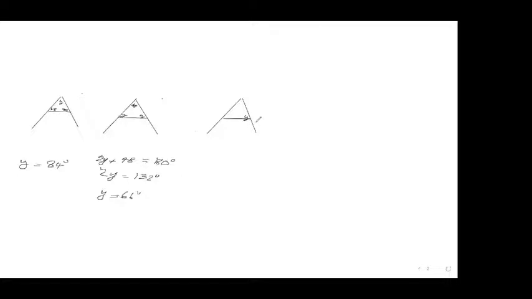I seem to be getting stuck here. If this is y, then this is y again, and that'll be 48. I can put y, I can put 48 here. Oh yeah, I could have put 48 here. Two of the angles are 48. In this case, y is equal to 48.